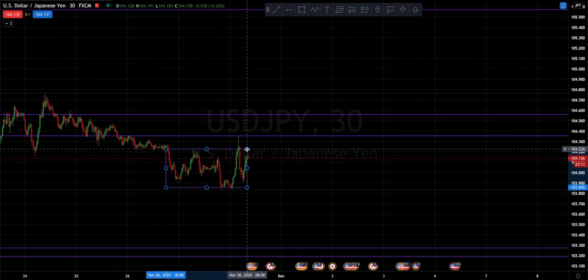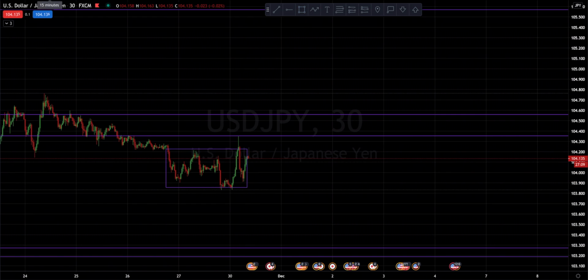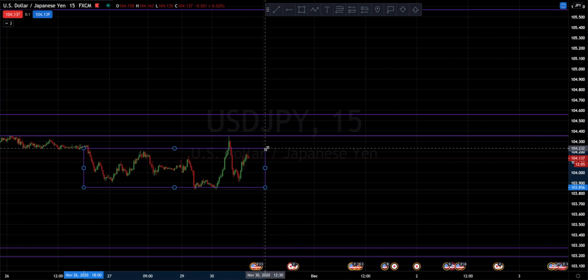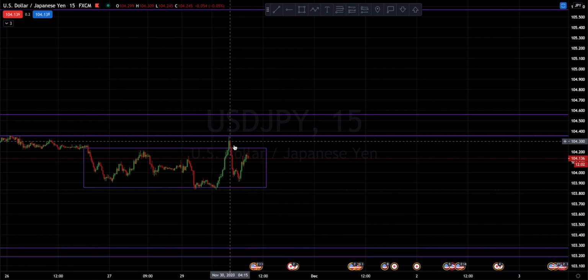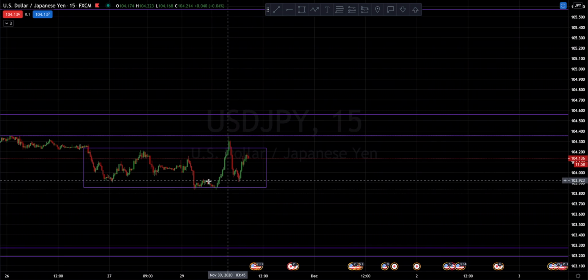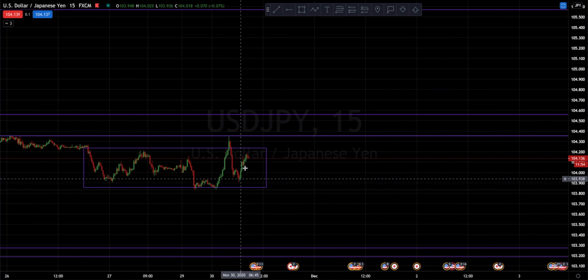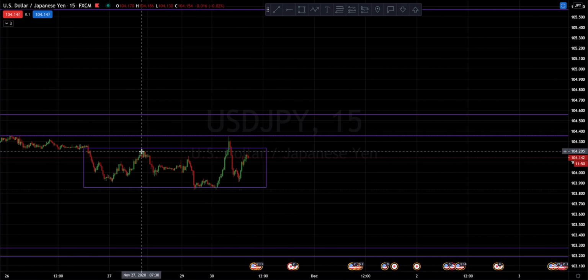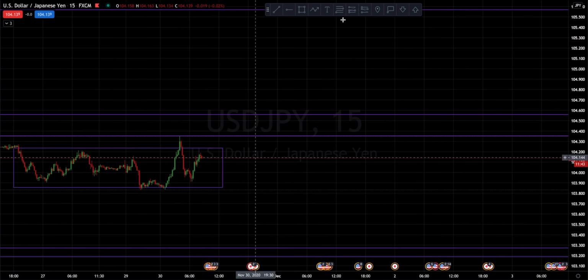But if you can catch it between, or even any rejection sign you see to the top, like for example here, rejection sign to the top and headed straight down, and then here it came to test this zone right here, but it rejected it with a wick and came straight up to this zone right here. And I feel like it's around here, it's testing this zone, and if it doesn't pass, and if it shows signs of rejection, you can get in with a short sell.